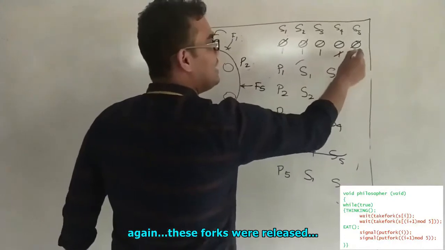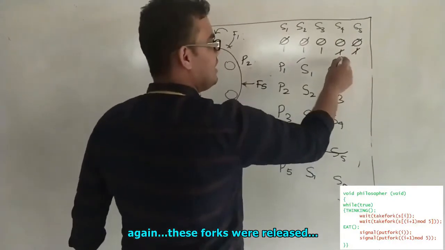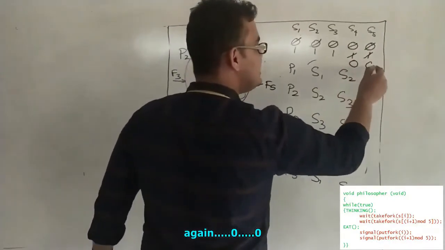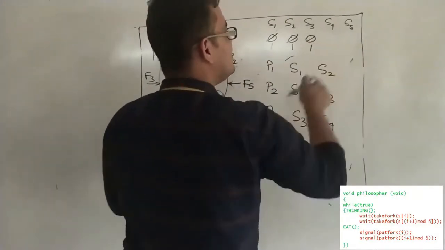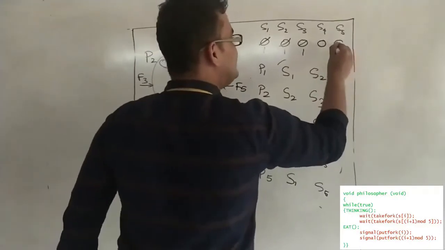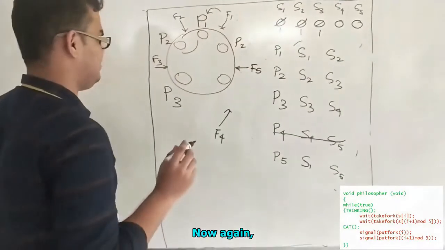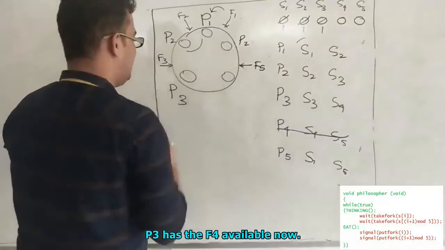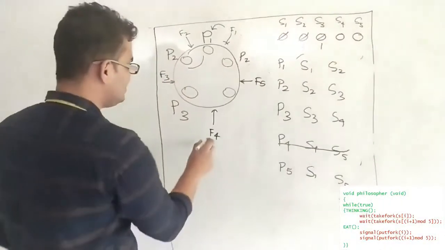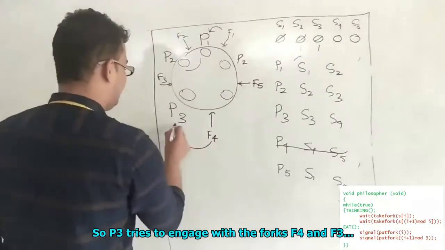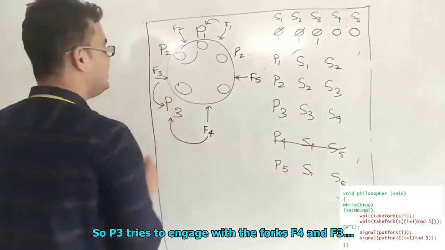Again, the forks were released. Again, 0 and 0. Now P3 has F4 available. So P3 tries to engage with the forks F4 and F3.